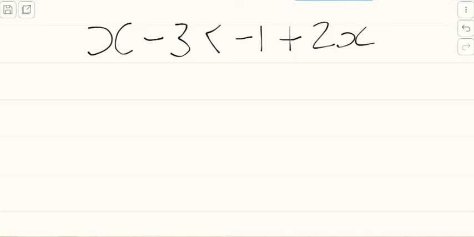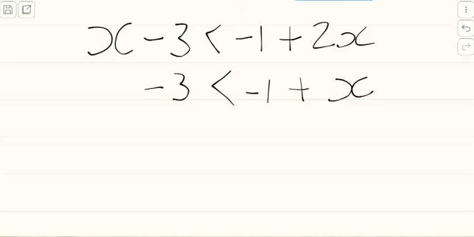Okay, so if we were solving this like an equation, we'd take everything with an x onto one side and everything without an x, or in this case the numbers, on the other side. So what I'm going to do is subtract x from both sides. So if I subtract x from both sides, I get minus 3 is less than minus 1 plus x.